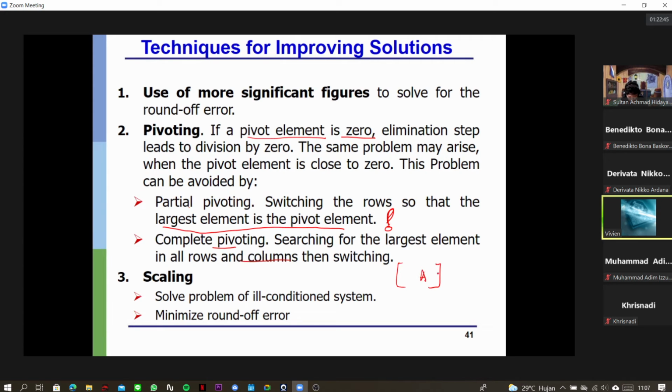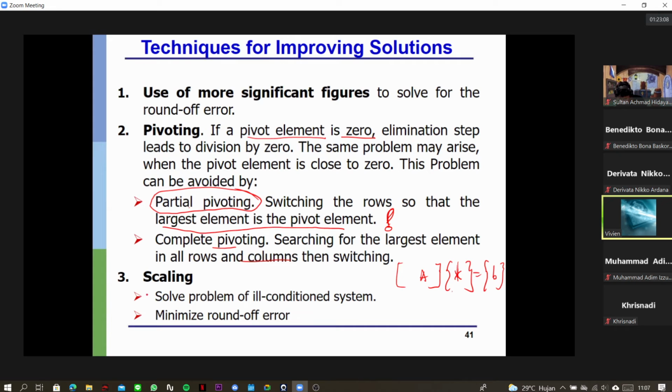If we have A multiplied by X, changing the columns means that we also change the order of the unknown vector X. That's why complete pivoting is not very common, but partial pivoting, most of the time we need it to ensure that we have a good solution.